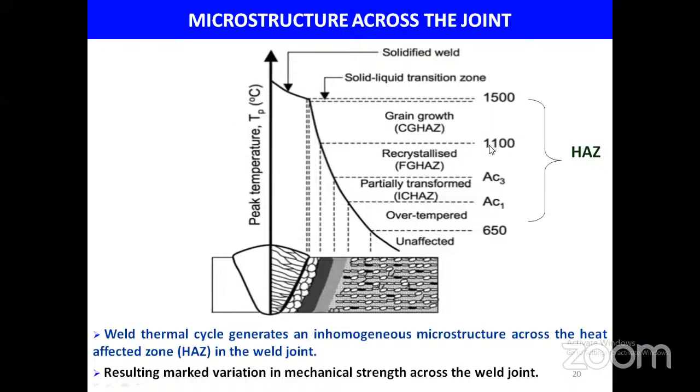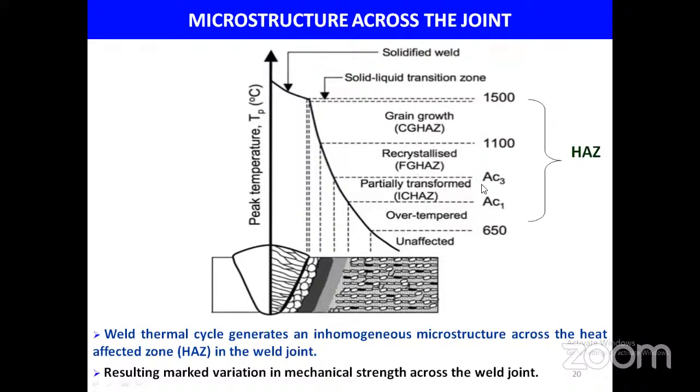Between 1100 and 900 degrees centigrade, the AC3 temperature, the MX precipitate doesn't dissolve because of its higher stability. Chromium carbide precipitate dissolves, and due to the presence of MX precipitate, fine grain size forms in this temperature regime.